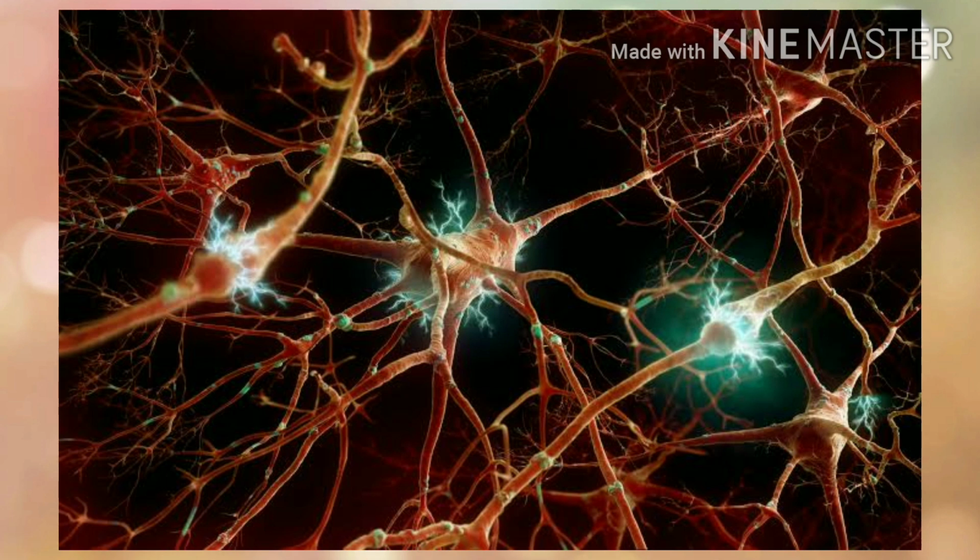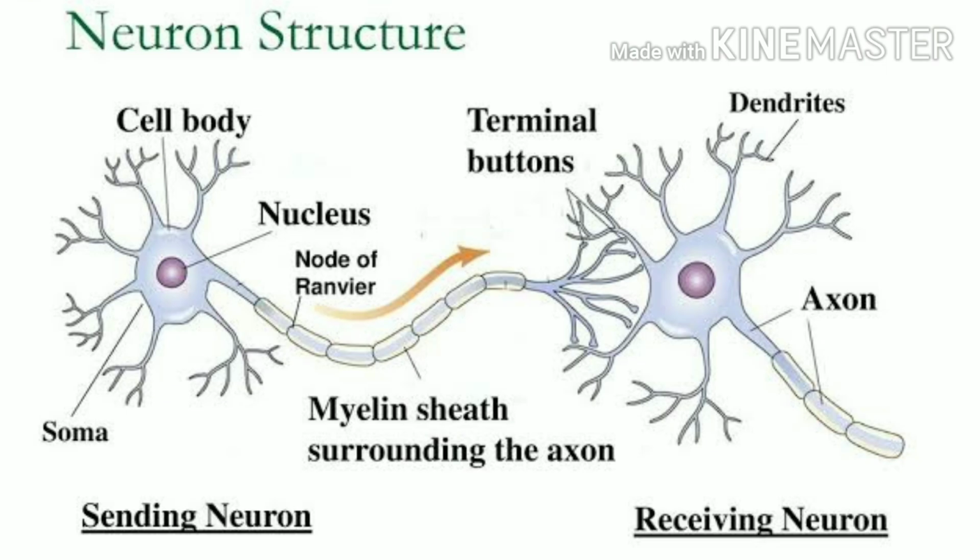So there is a junction between two neurons, called the synapse. The synapse helps to transmit impulses from one neuron to the adjacent neuron.